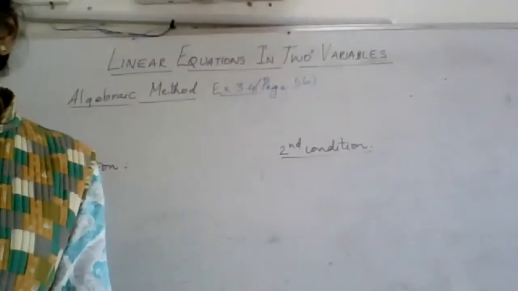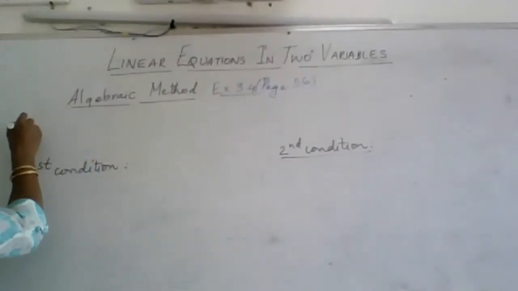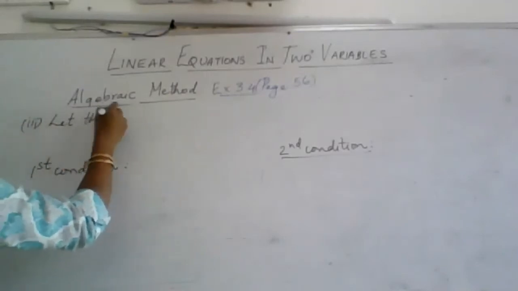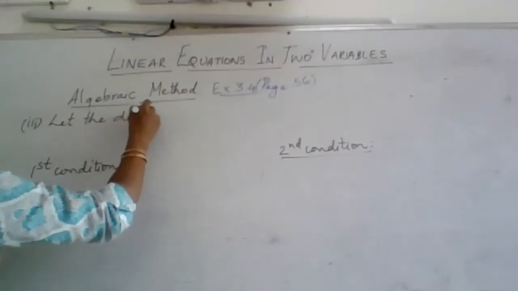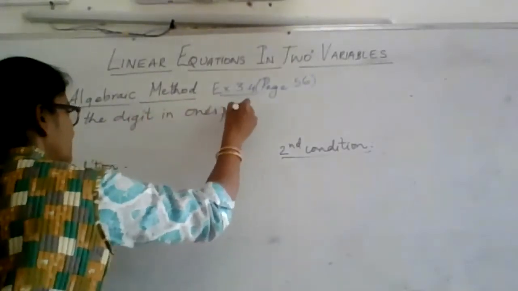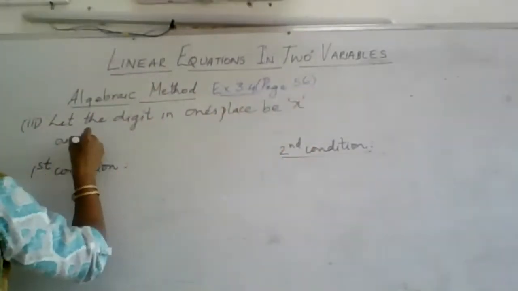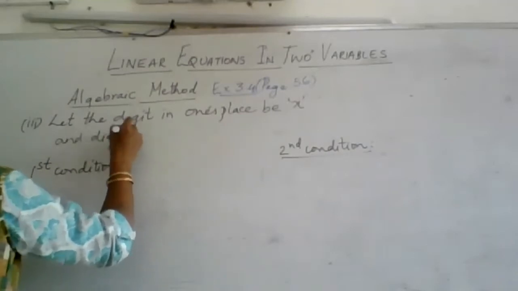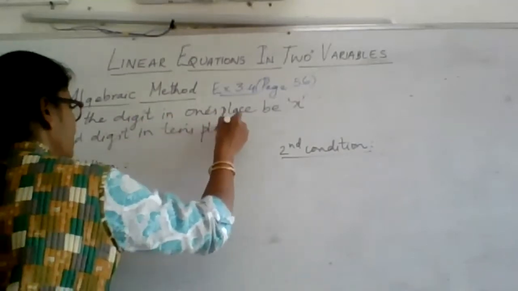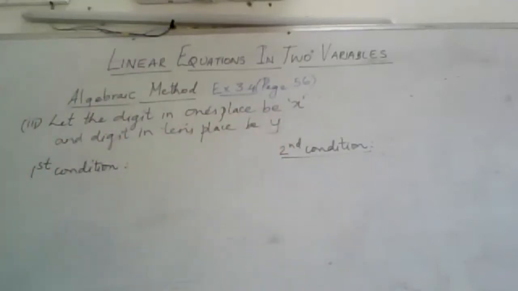So first your assumption should be clear. Where shall we take it? Let a digit in the ones place be X. We will assume like that only. This is the third one I'm doing. Let the digit in ones place be X and digit in tens place be Y. Okay, because it is a two-digit number, we should be very careful.